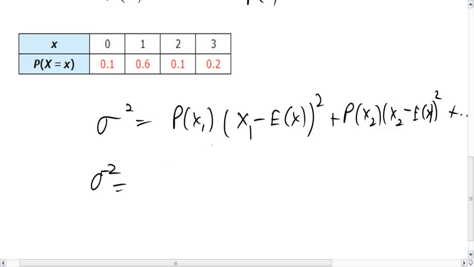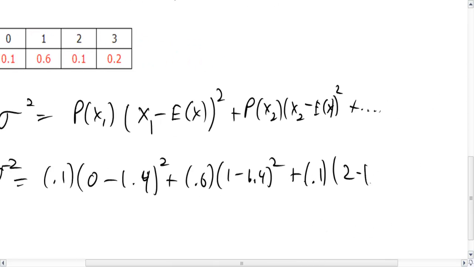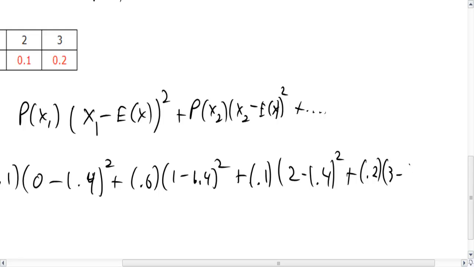So the variance here would be the probability of the first thing, 0.1, times the value of the first thing, 0, minus the expected value. When I calculated it, I got 1.4. Then plus the second probability, so that's 0.6 times 1 minus 1.4 squared, plus 0.1 times 2 minus 1.4 squared, and last but not least, 0.2 times 3 minus 1.4 squared.